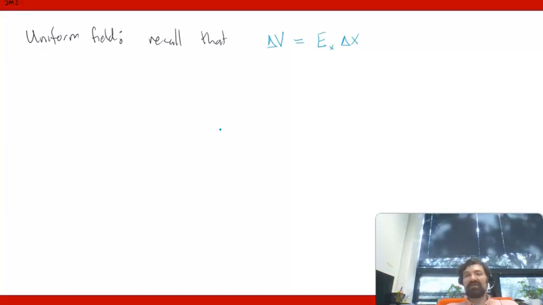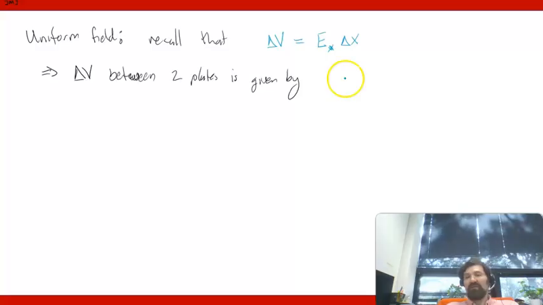What you end up getting is essentially E sub x delta x, which in our context means that delta V between the two plates is just the E field times the distance.